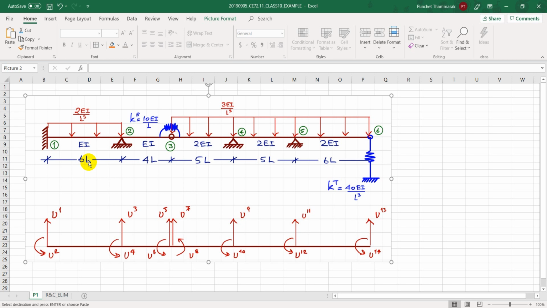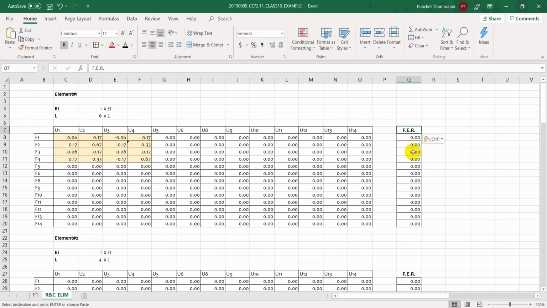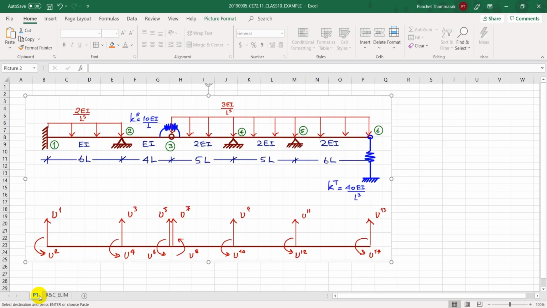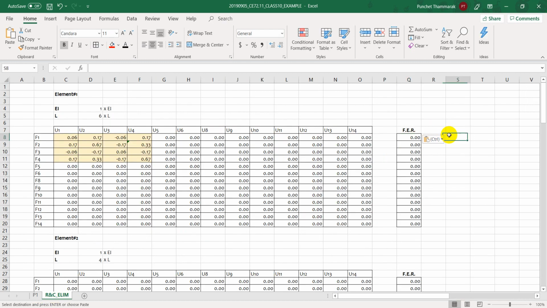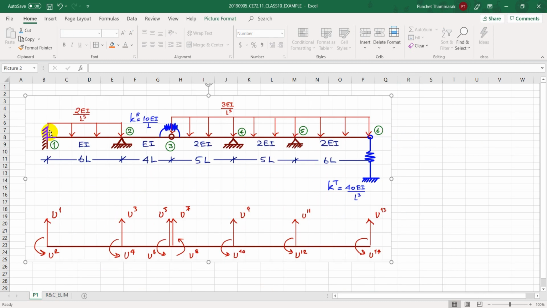Divide by 2, you get 6 EI over L square. So that is the degree of freedom number 1. And the direction is positive, right? The fixed end reaction for this applied distributed load has to be going up.